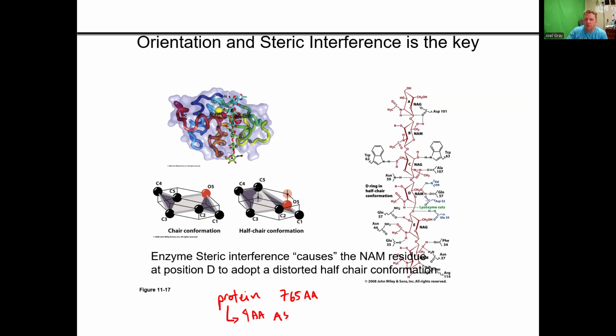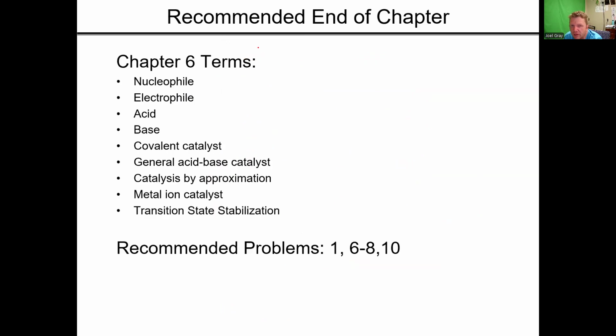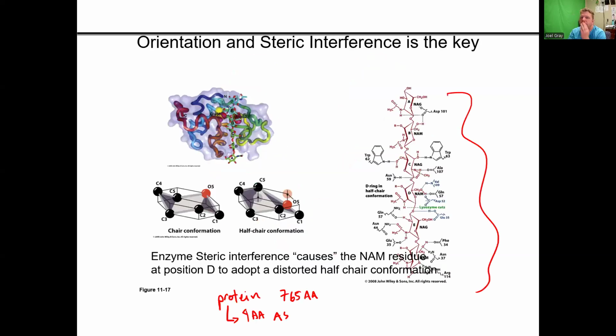And it was this figure right here on the right that really helped me understand that. I'm going to flip ahead because this is the mechanism that we're going to look at. One thing I want to draw your attention to is there are only 2 amino acids that are highlighted. We will talk about this entire mechanism by looking at these 2 amino acids, glutamic acid and aspartic acid. Glutamic acid 35, aspartate 52.